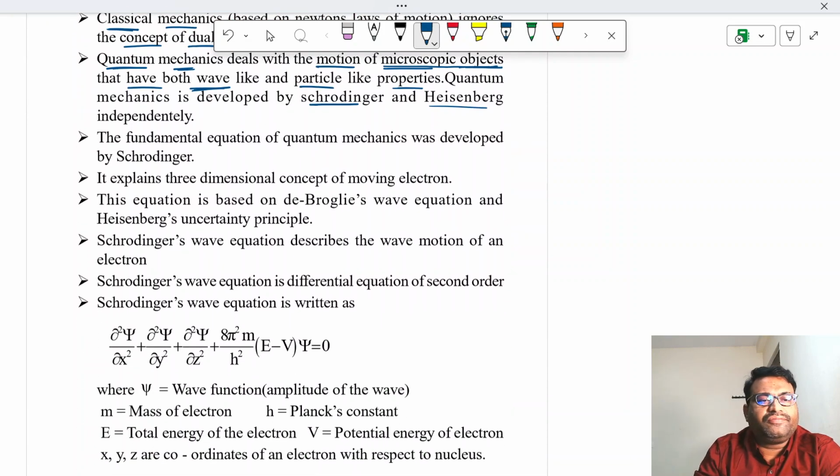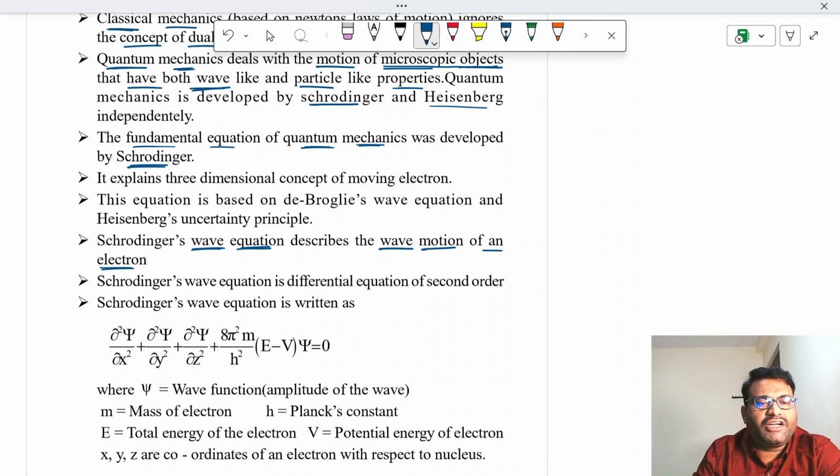So what is the fundamental equation in quantum mechanics? That fundamental equation was developed by Schrodinger. So what is the Schrodinger wave equation? The Schrodinger wave equation describes the wave motion of an electron.